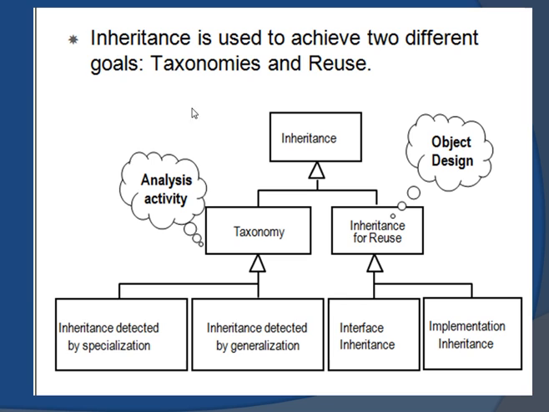So actually when we are looking at two different goals, when we are using inheritance to achieve taxonomy, this is included under analysis activity. When we want to implement inheritance for reuse, it is actually an object-oriented concept. So when we are using inheritance for reuse, it includes interface inheritance and implementation inheritance.